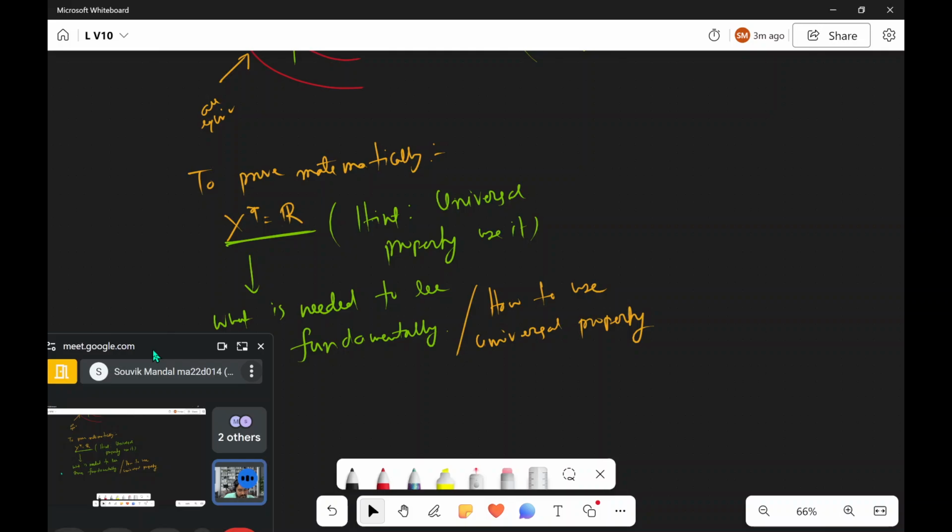Can anybody please tell me how to start this problem?